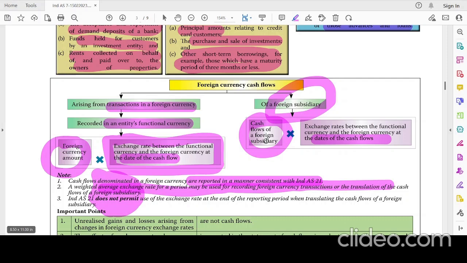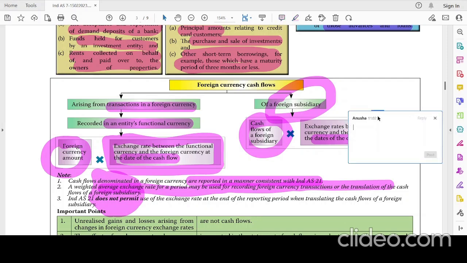So I am permitted to use the weighted average exchange rate for a period instead of the exchange rate on the date of cash flow.